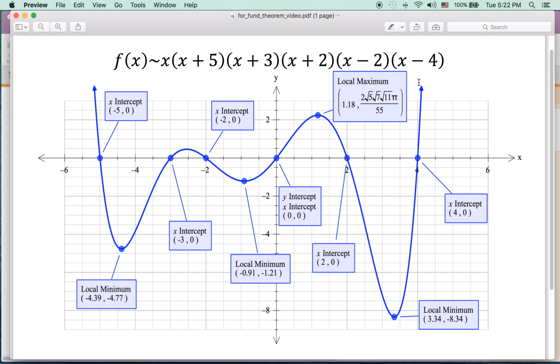Also, the other complication is sometimes you can have a root of higher than one multiplicity. That means that if one of these terms were squared, let's say the term x plus 2 was squared, we would find the function reaching x minus 2 and then bouncing back up. So that would give it a multiplicity of higher than 1.